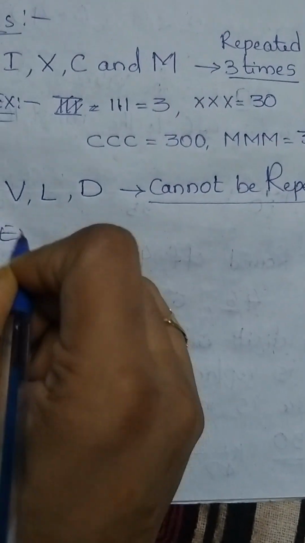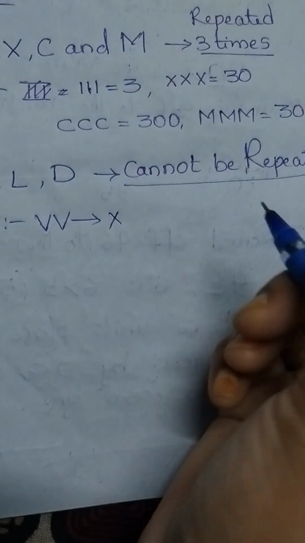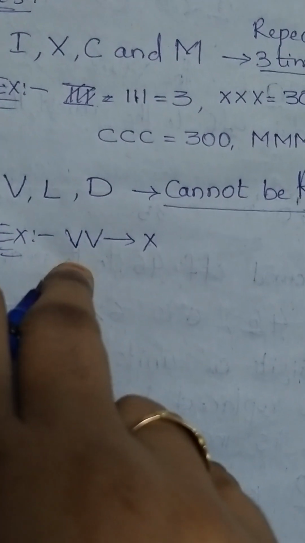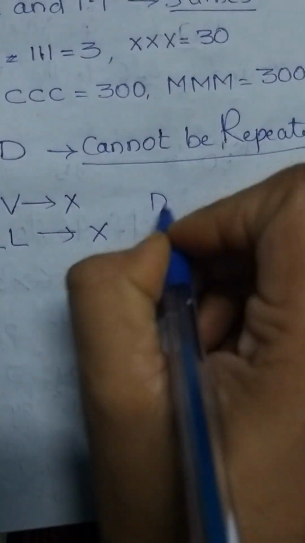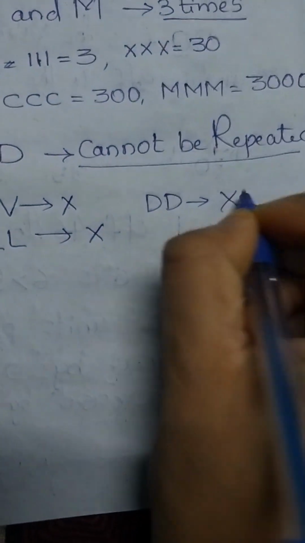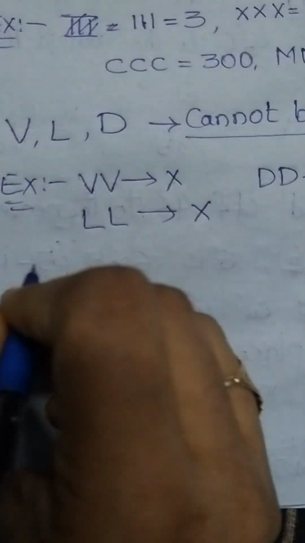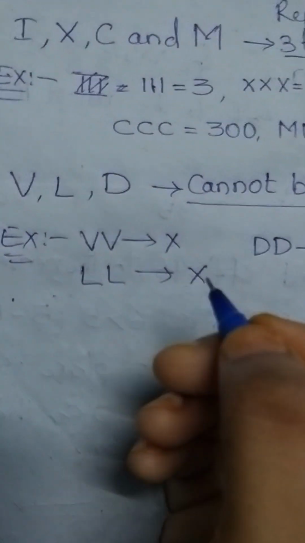For example, if double V is given, this is wrong, children. No number is shown for double V, or double L. This is also wrong. And double D is also wrong.